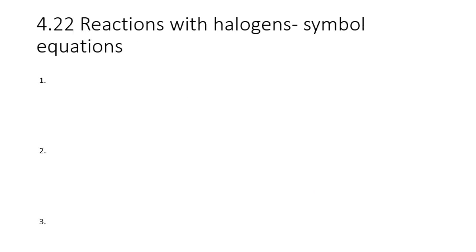Okay, so maybe now's a good time to have a go yourself. Now what I'd like you to try and do is write the symbol equation for the reaction of methane with chlorine, ethane with bromine, and propane with iodine. Okay, I'll go through the answers now. So methane plus chlorine gives us chloromethane and hydrogen chloride.